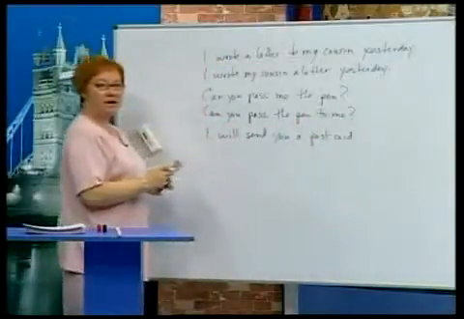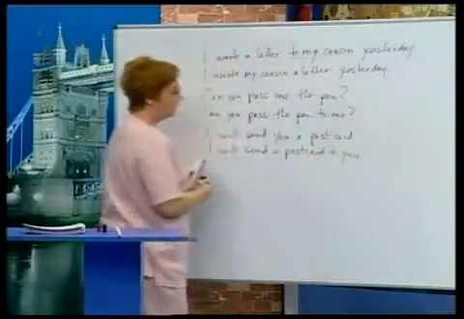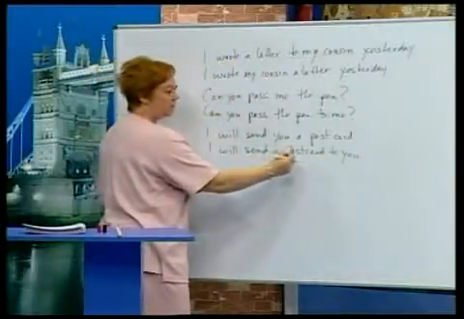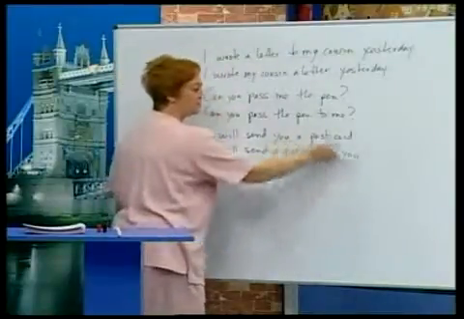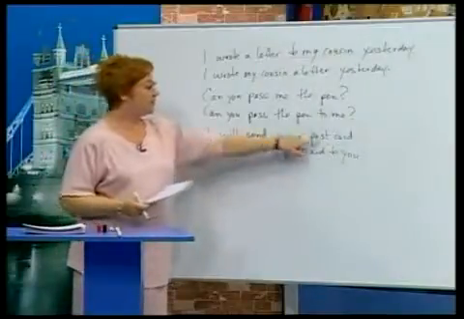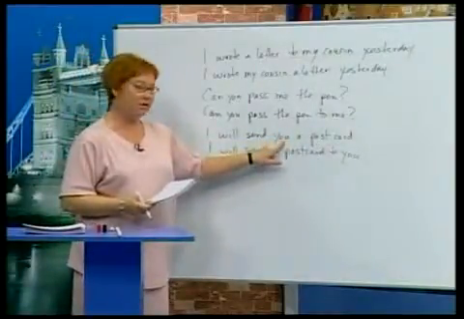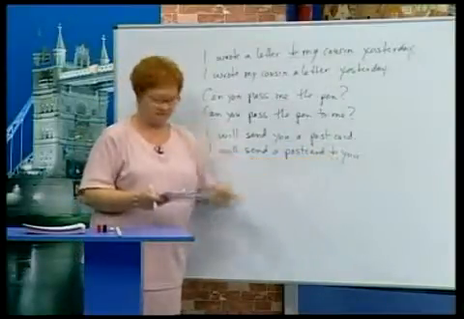Okay, Isabel. I will send a postcard to you. Again, we took "you," because this is the direct object, "you" becomes "to you." So, when it comes before the object, no "to," no "for." When it comes after the direct object, we have "to" or "for."